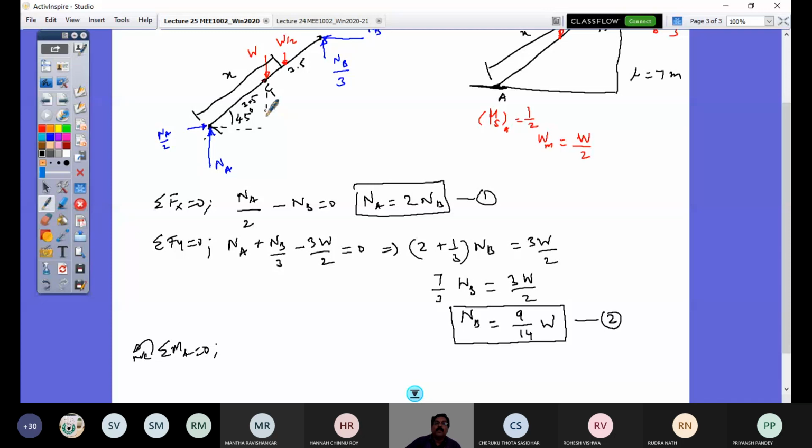That is moment arm. So this distance is 3.5 cos 45. So W into 3.5 cos 45 degrees is what is my moment arm. And that is going to create at point A clockwise moment, so minus. The next, minus W by 2 into x cos 45 again.